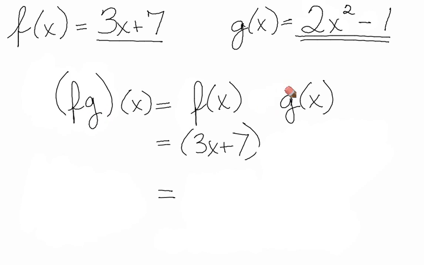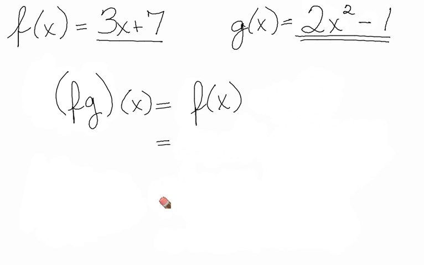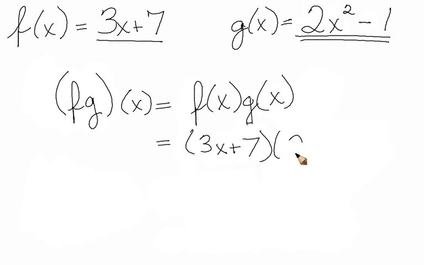And so what does this mean? This means we're going to multiply the two function rules. So f of x times g of x. So we have 3x plus 7 and 2x squared minus 1. And of course, you have to make sure to distribute everything out.